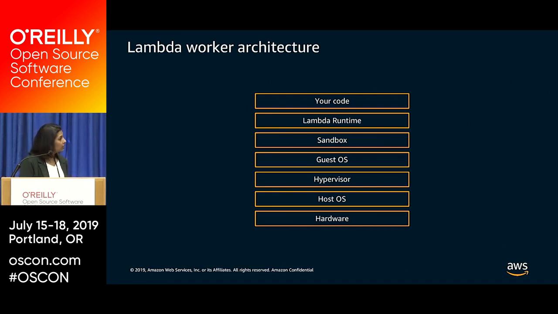The guest OS is running on top of the hypervisor, multiplexed across the hardware through virtualization. The virtualization is enabled through the hypervisor, and the hypervisor is running on the host OS, in this case Amazon Linux. Now this is running on top of the physical server.